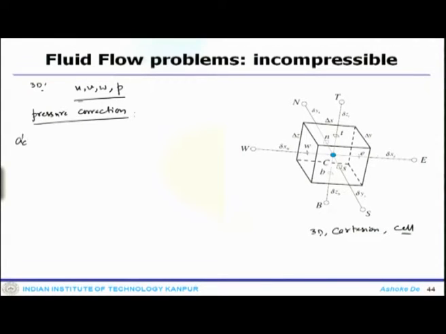You get A_C p' P_C' plus A_E p' P_E' plus A_W p' P_W', so that is along the x direction: east, west and C. Then for north A_N p' P_N' plus A_S p' P_S', which takes care of the north face and south face, and then you get two more components, A_T p' P_T' plus A_B p' P_B', which is nothing but B_C p'. So, the top and the bottom face.